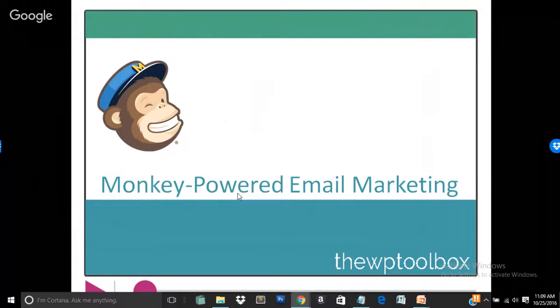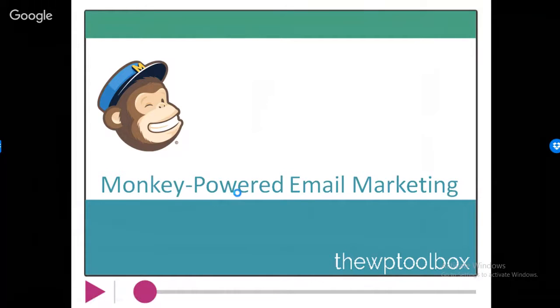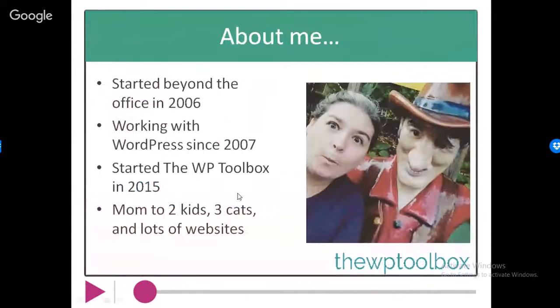So let's get started with a little bit about me. That's a picture of me with this fantastic statue guy that sits on a bench at our local amusement park. I thought it was really funny to sit down and take a picture with him. I started my business in 2006, and I've been working with WordPress.